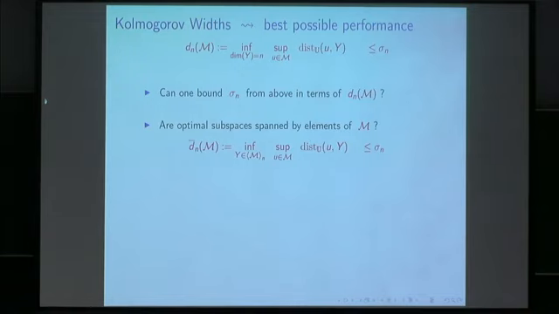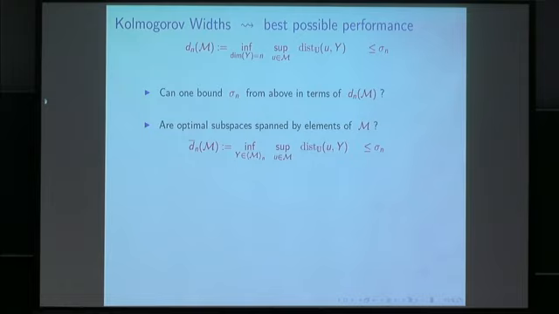In order to quantify the approximation, we need to define something which gives us the best possible subspace. So we have the space of functions, which is infinite dimensional, and we have a manifold in it, and we want to approximate it with a finite dimensional hyperplane, and actually hyperspace in this case. We consider all possible n-dimensional hyperplanes and want to see which one has the smallest distance, and denote this smallest distance by sigma n.